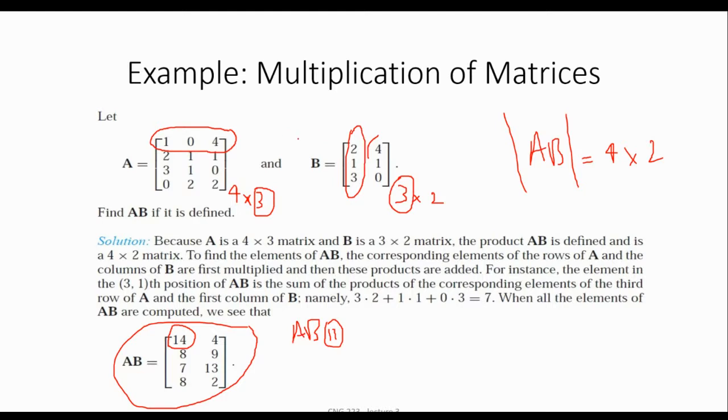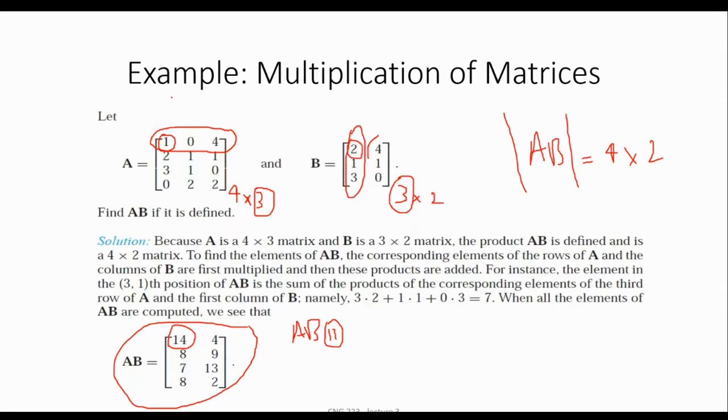In order to make this calculation happen, we should know, first of all, which element of AB we are looking for. If this is, for example, 1, 1, then first row, then first column of B. First row of A and second column of B.